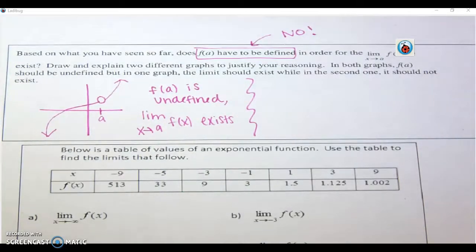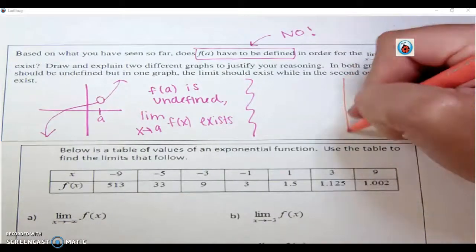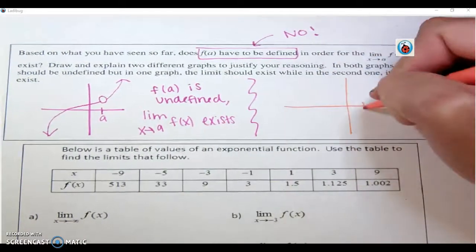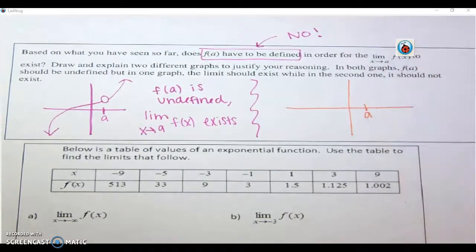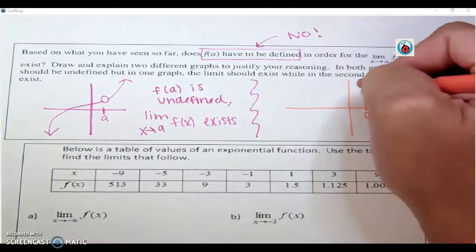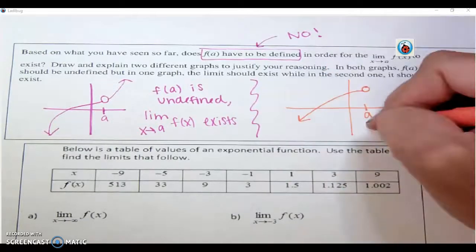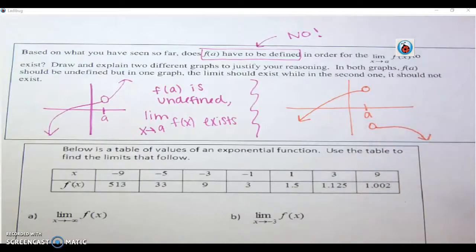This time we want to make it undefined, but we want to make the limit not exist. So do the same thing, we'll call this A. Okay. For it not to exist, we would have to have a jump there. So I'm going to put a hole here. Maybe the graph goes like this. I'm going to put a hole here, and maybe the graph goes, I don't know, like that.